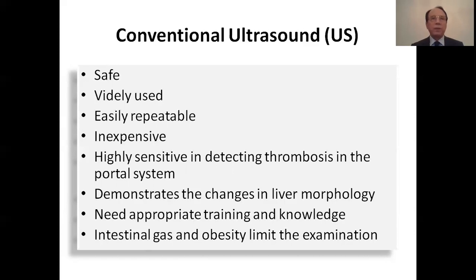But intestinal gas and obesity limit the examination. Ultrasound easily shows changes in liver morphology and signs of portal hypertension. It's necessary to have advanced training and comprehensive knowledge for optimal usage of ultrasound for the diagnosis of portal hypertension also.